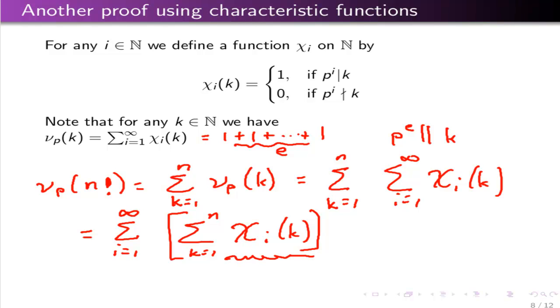Well, this will equal 1 whenever k is divisible by p to the i-th power. And so we're just counting how many numbers from 1 to n are divisible by p to the i-th power. Now we know what that is. The number of integers from 1 to n divisible by p to the i is just floor of n over p to the i. And that gives us a nice rigorous proof without even having to introduce any sentences describing it.